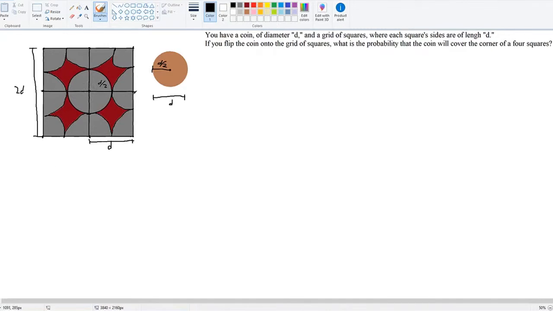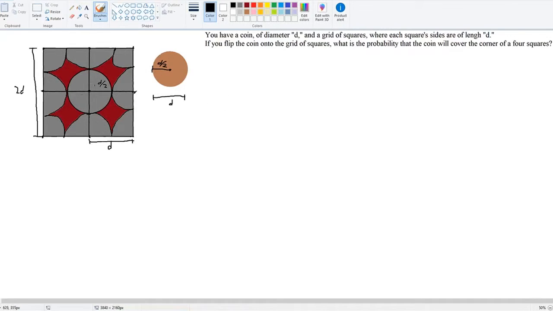That means that since the center could land any of these places on this grid, the number of ways it could land within these gray patches over the number of ways it could land in general is going to be the probability of the coin covering one of the vertices.